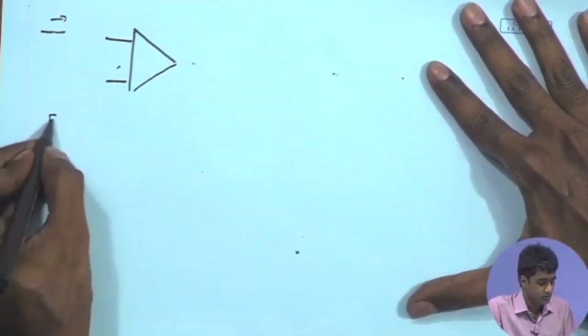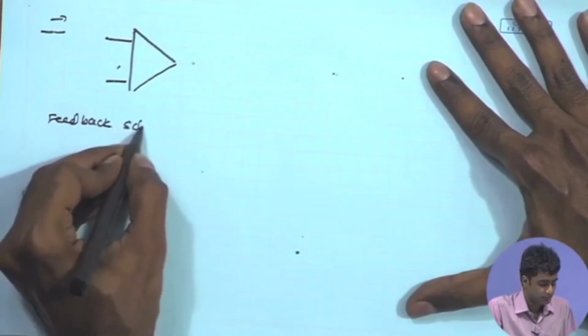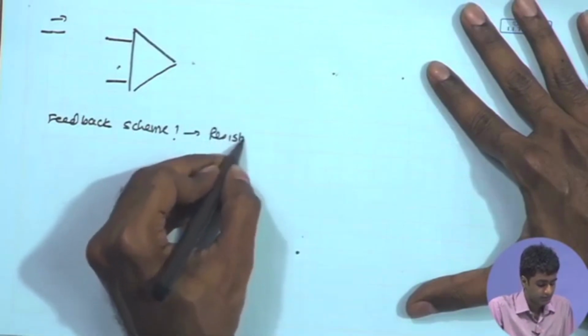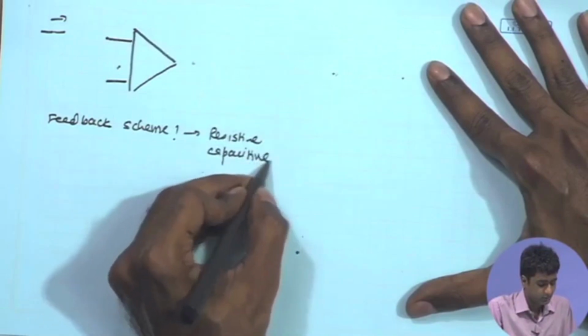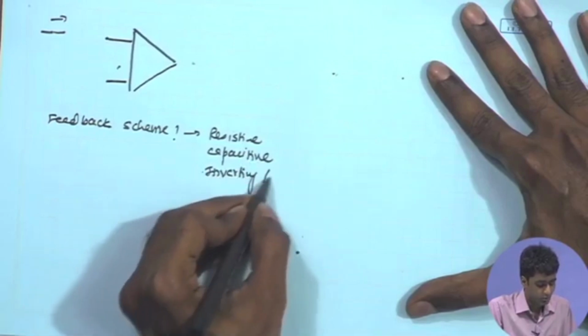So, we need to see what is the feedback scheme, whether it is going to be resistive, whether it is going to be capacitive, whether it is going to be inverting or non inverting.